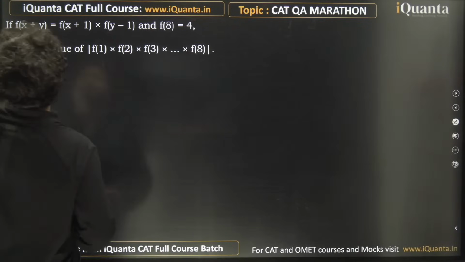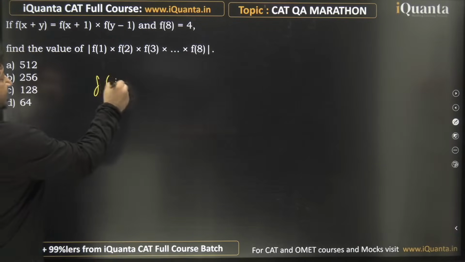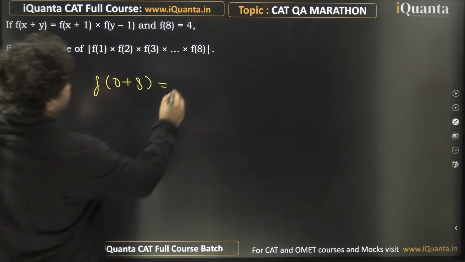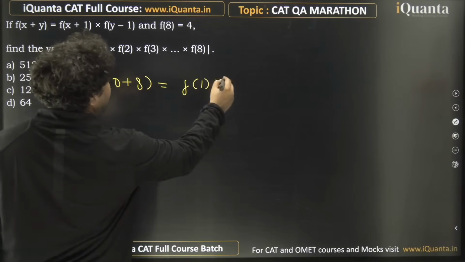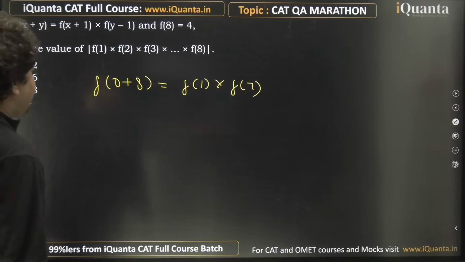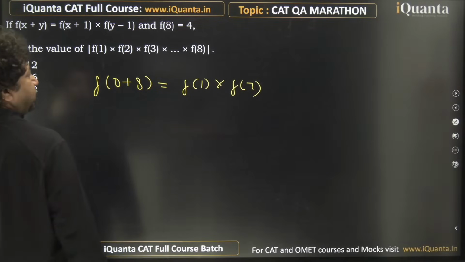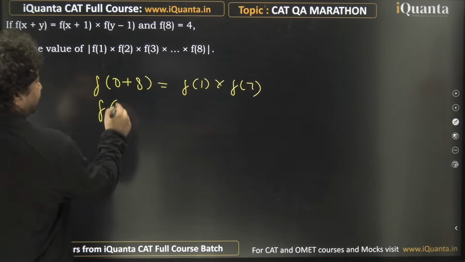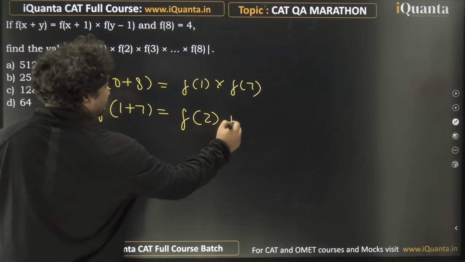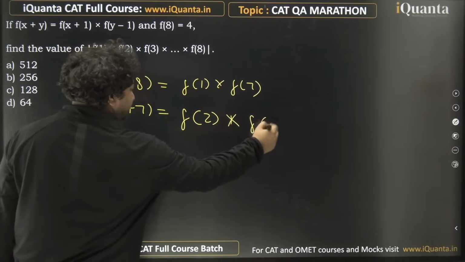If I take f of 0 plus 8, x as 0 and y as 8, I'll get this to be equal to f1 into f7. If I take f of 1 plus 7, I'll get f2 multiplied by f6.